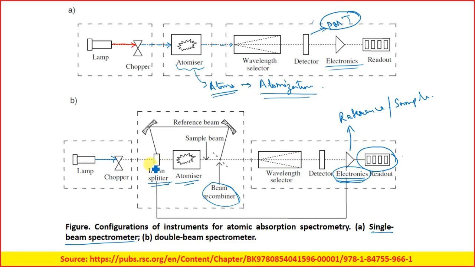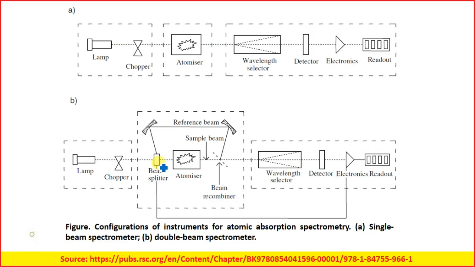I'm just repeating this again. You have the lamp. From the lamp, a continuous source of radiation is generated. When it comes out, it comes in contact with a chopper, which chops the signal, and it becomes a discontinuous radiation.